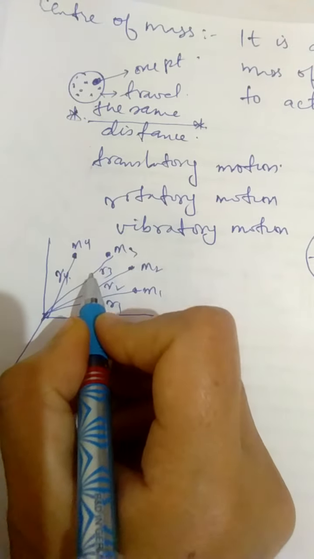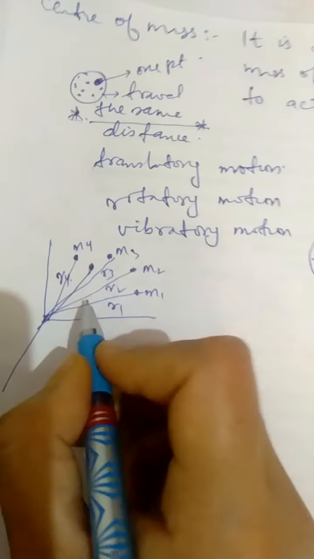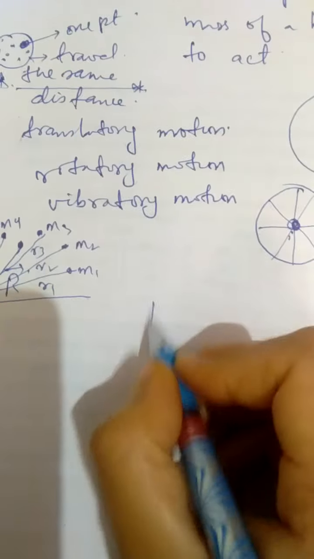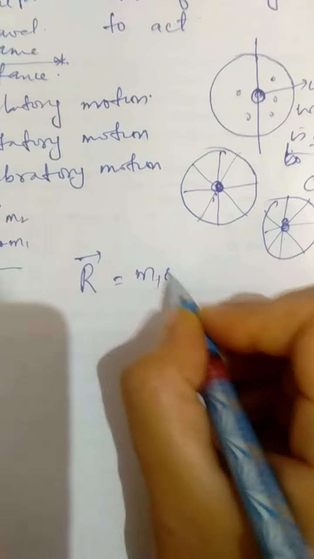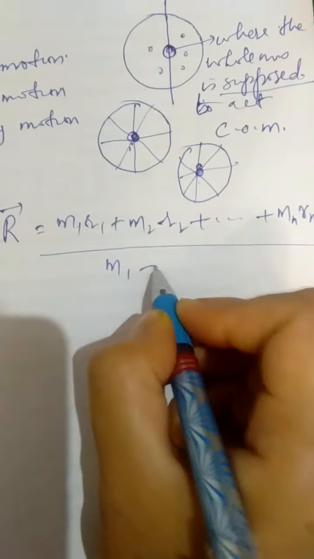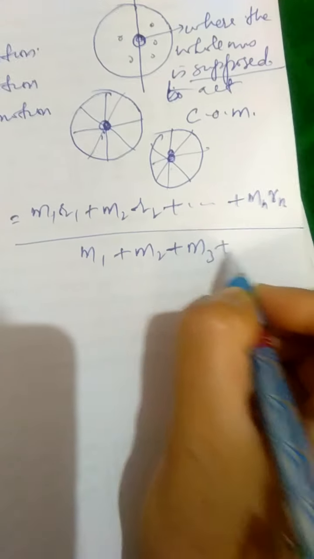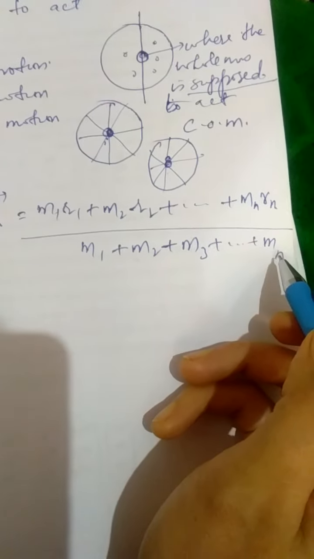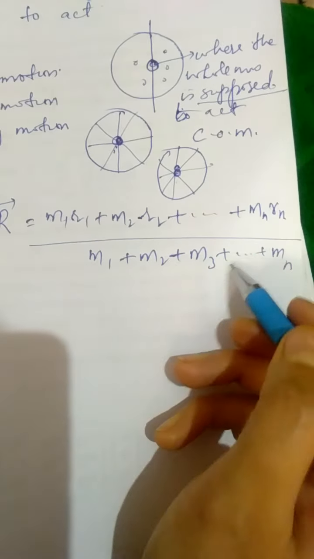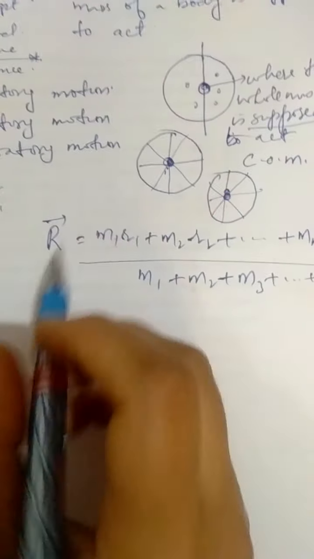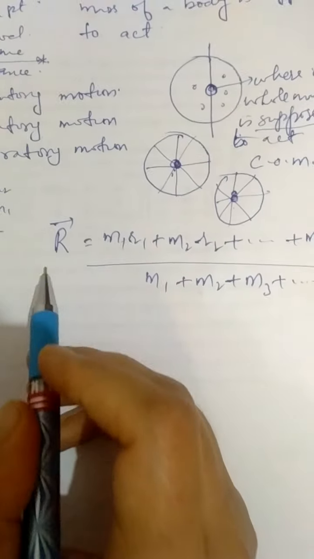If the center of mass is somewhere here, then its position vector is denoted by capital R. We define R as m1 r1 plus m2 r2 plus so on up to mn rn, divided by m1 plus m2 plus m3 plus so on up to mn. This is for a rigid body which consists of n constituent particles, and their masses are m1, m2, so on up to mn, and their position vectors are r1, r2, so on up to rn. So the position vector of the center of mass is defined in this manner.